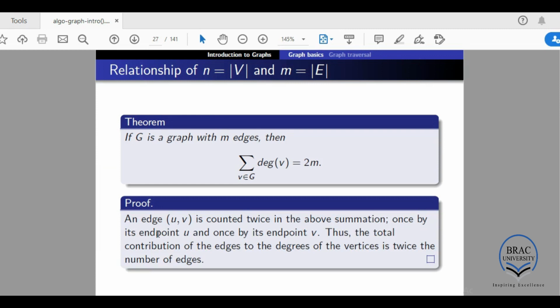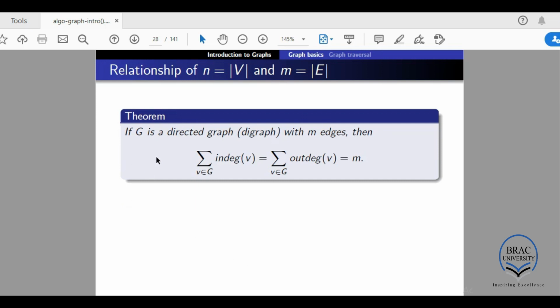So you can see the proof: an edge UV is counted twice in the above summation, once by its endpoint U and once by its endpoint V. So one edge is counted twice while counting the number of degrees. Thus the total contribution of the edges to the degrees of the vertices is twice the number of edges.